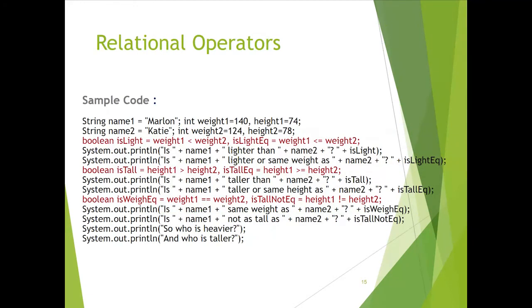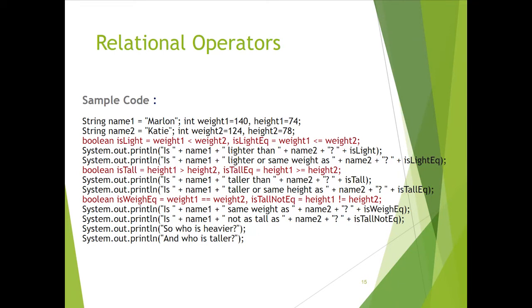Okay, so we have here some sample code. When we say string num1 is Marlon, we also gave him another data type which is int, or the weight is 140, height is 74. Now we also created a new variable for a person which is Katie, and also gave her a weight of 124 and a height of 78.